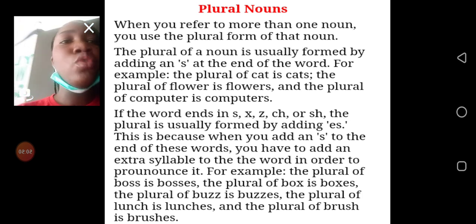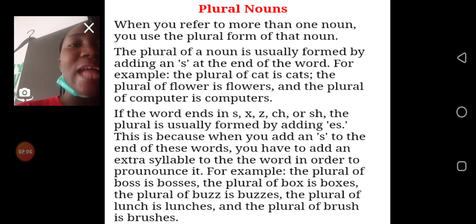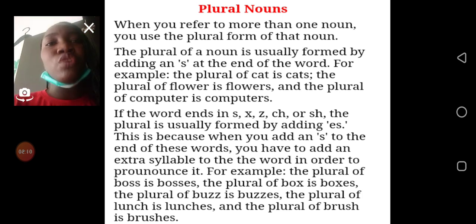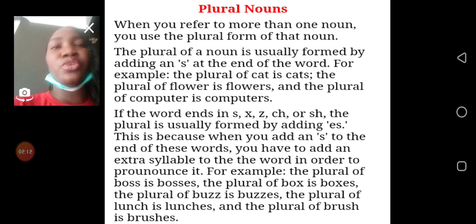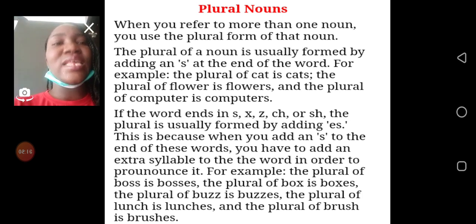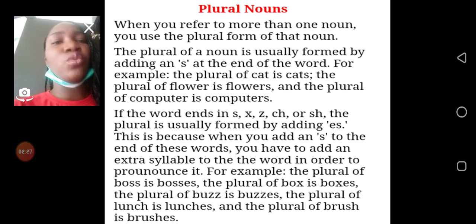For example, just like what I taught you last week, the plural of cat is cats, the plural of flower is flowers, and the plural of computer is computers. So now, if the word ends in s, x, z, ch, or sh, then the plural is usually formed by adding es to it.